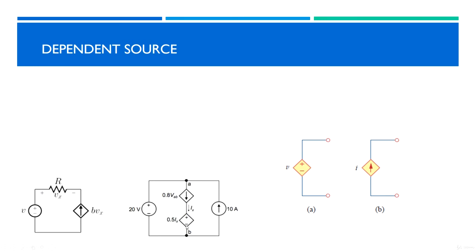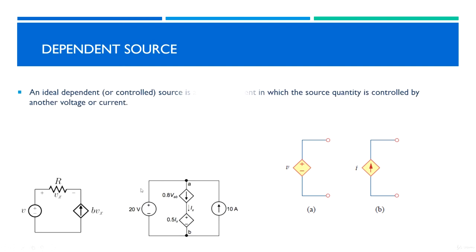Another example, this one is a voltage source that depends on Ix, which is the current flowing here. This one is also a dependent current source, depending on the voltage VAB, which is the voltage difference between A and B. But this one and this one are independent sources.